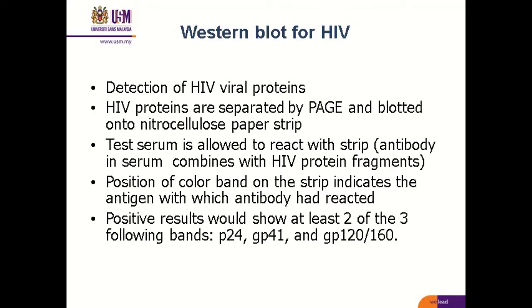The test serum is allowed to react with the strip. Antibody in the serum combines with HIV protein fragments. The position of the color band on the strip indicates the antigen with which the antibody had reacted. Positive results should show at least 2 of the 3 following bands: P24, GP41, and GP120 or GP160.